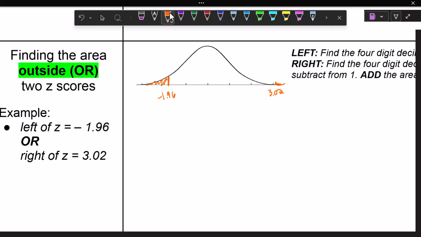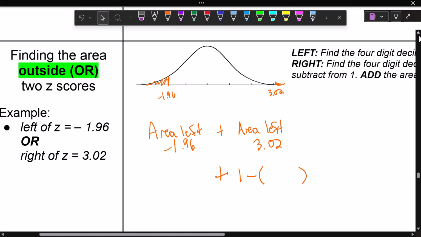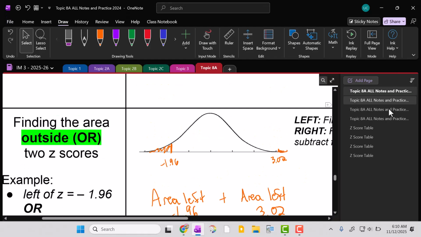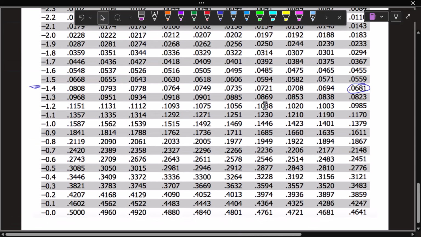So we find the area to the left of negative 1.96, and that'll just be the number, plus area to the right of 3.02, so it'll be 1 minus the area to the left. Now we just got to find those two probabilities on the z-score table, and we got our answers.